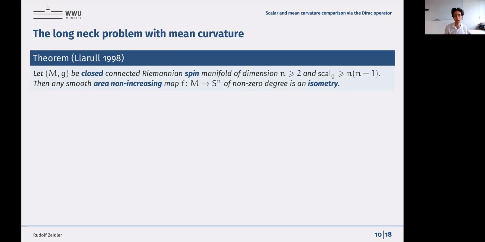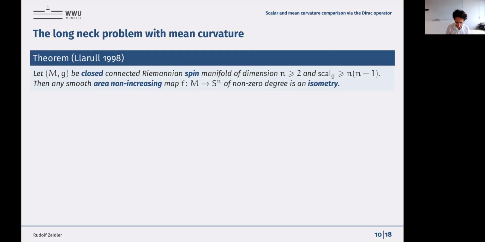Yeah, and in particular, you could take F to be the identity here and consider different metrics on the sphere. And then if you take another metric than the standard metric, which, however, has infinitesimally bigger areas than the standard metric, then this theorem tells you this cannot happen. And the only way to have this is that this metric is already the standard metric.